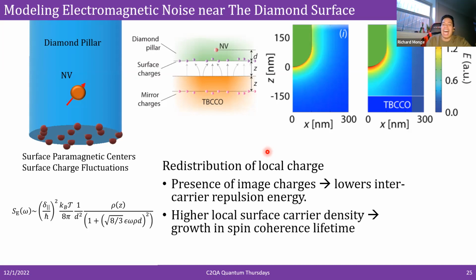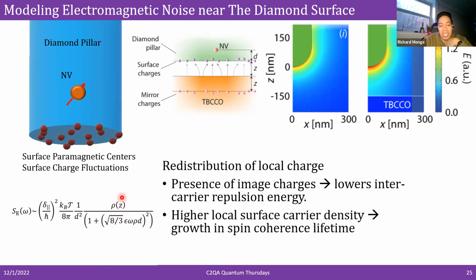And the higher surface carrier density, which comes from the fact that there's now low intercarrier repulsion energy, leads to a growth in the spin coherence lifetime. Using an ohmic model, we simulate that, and we come up with this equation.